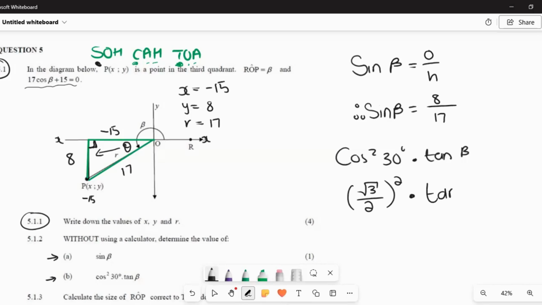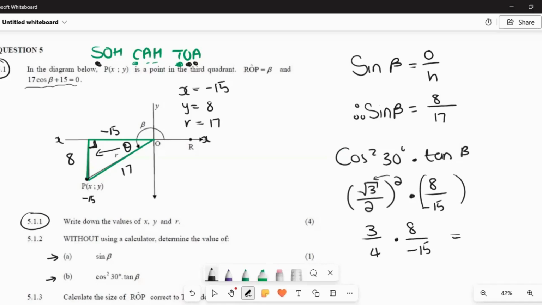And then tan beta, we know that tan beta is opposite over adjacent. So our opposite here is 8. Our adjacent is -15. So now quickly, when this is multiplied in, I'm going to have 3 over 4. This is basic, guys. And then we multiply this by 8 over -15.